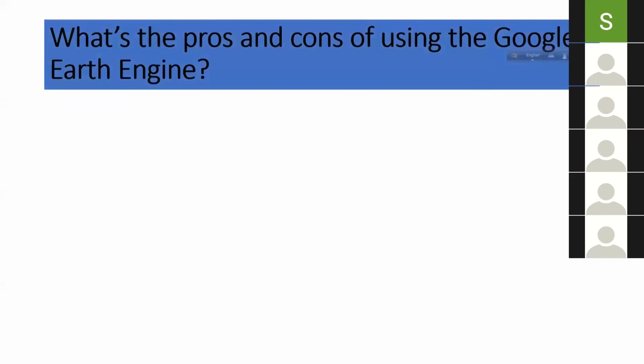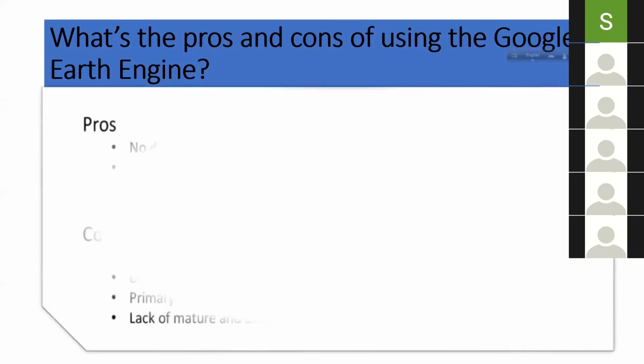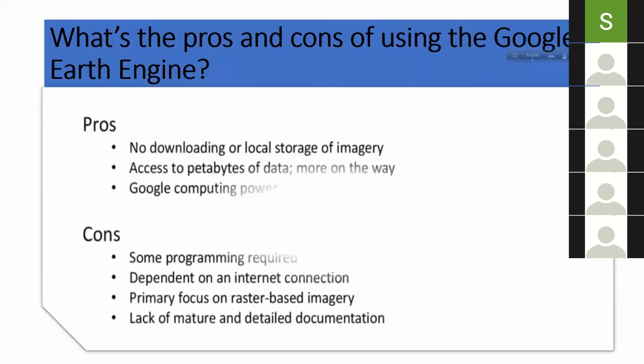And now I discuss the pros and cons of using Google Earth Engine. So this has a lot of advantages. You don't need to struggle with finding the datasets and downloading what you need, since everything is available online. You can easily access all the data, for example Landsat, Sentinel, MODIS, and all raster data.